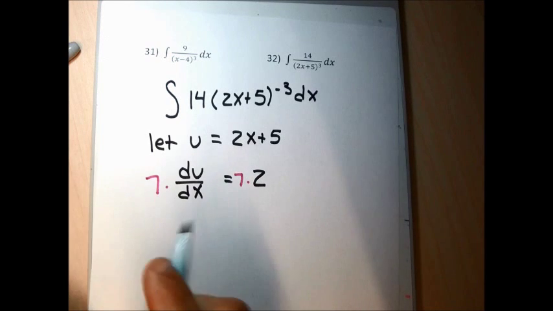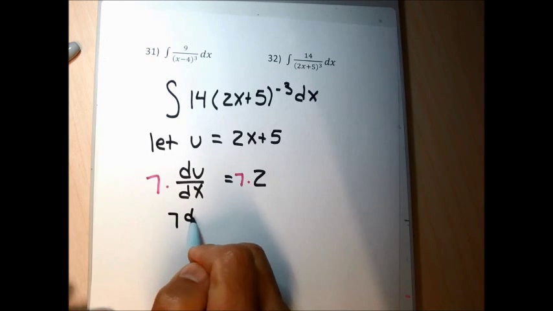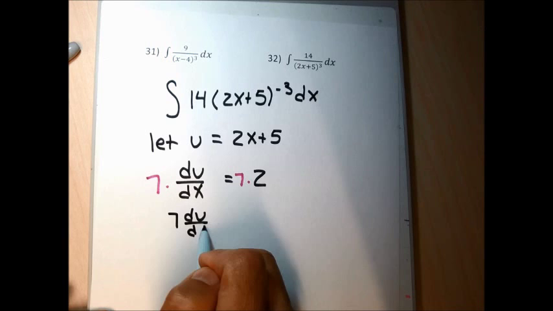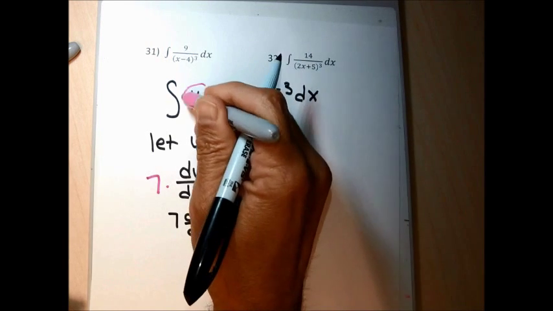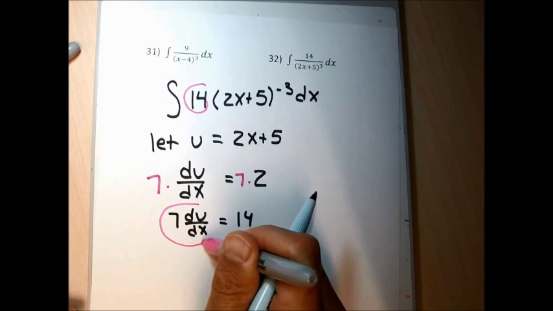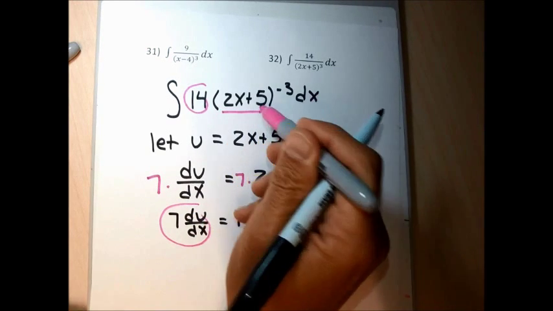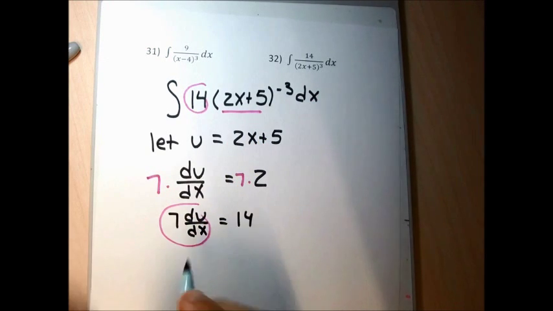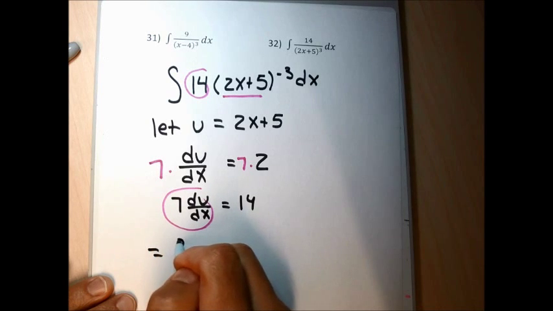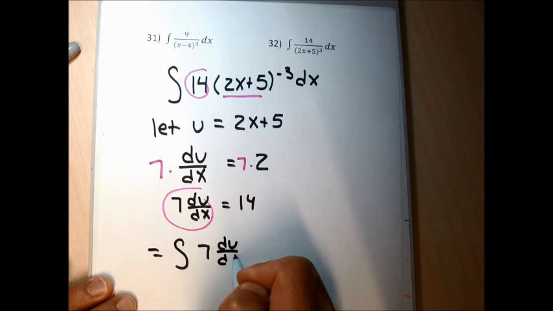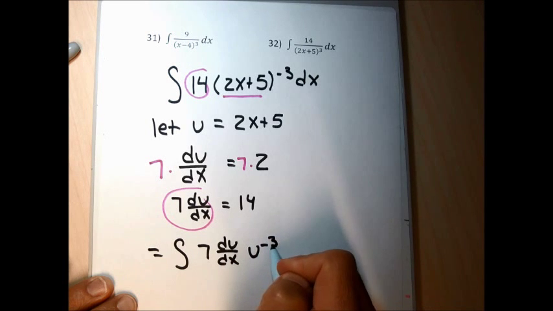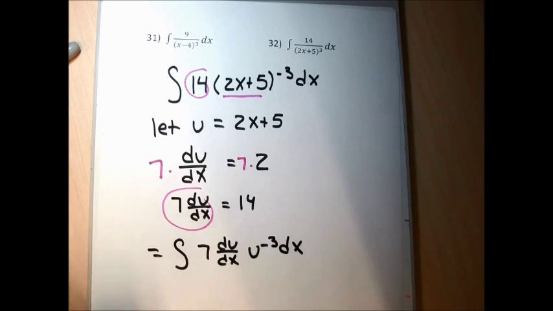So this is going to give me 7 du dx equals 14. So for this 14, I'm going to put a 7 du dx, and for that 2x plus 5, I'm going to put a u. So I'm going to rewrite this as 7 du dx times u to the negative 3 dx.